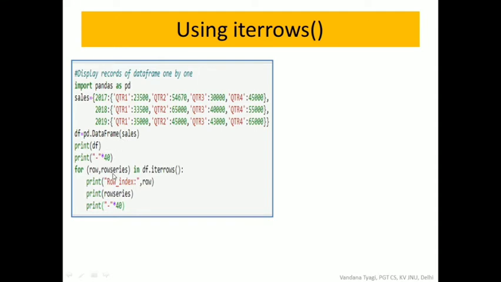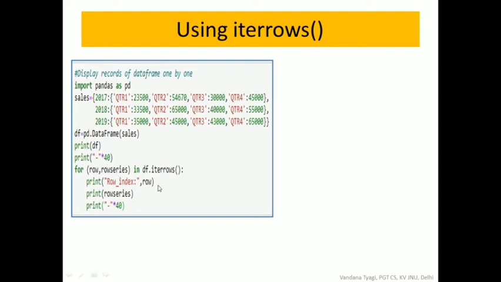Now coming to the accessing part, we are writing for row, row series in df.iterrows. This method extracts each row, storing the row index in the row variable and the values inside this row in row series. It will create a series and store it here.